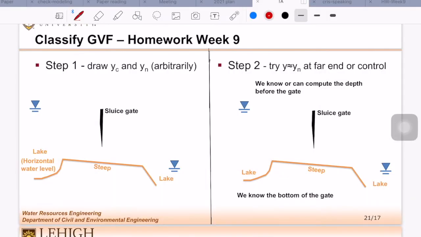For this problem, we still need to draw the critical depth and normal depth. I still use the red dashed line to represent the critical depth, and I still use the black dashed dot line to represent the normal depth.